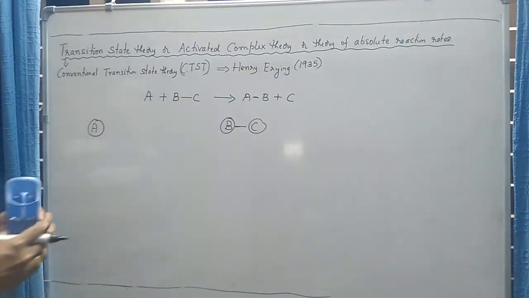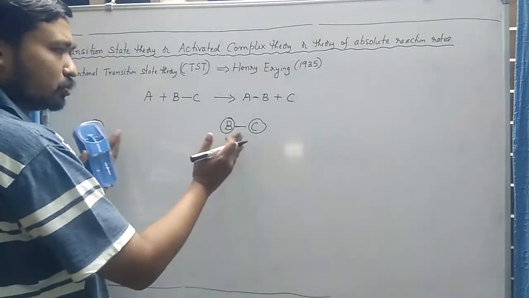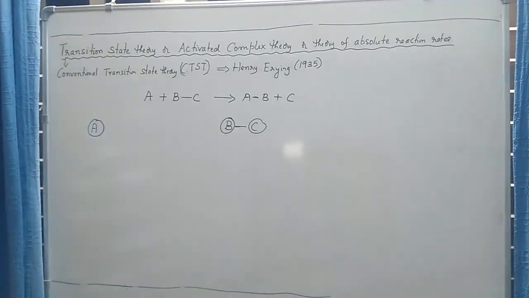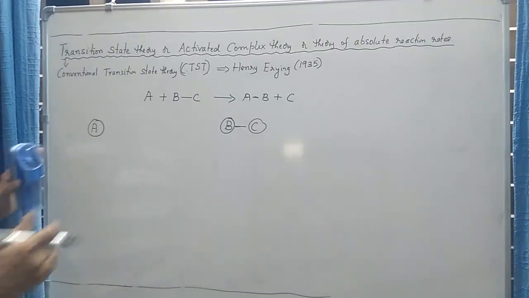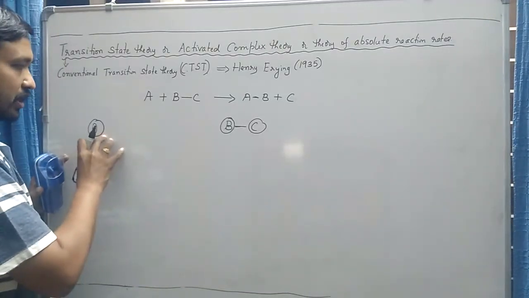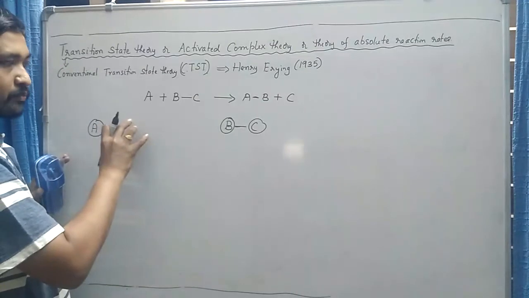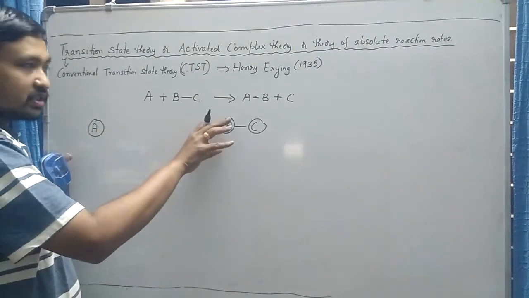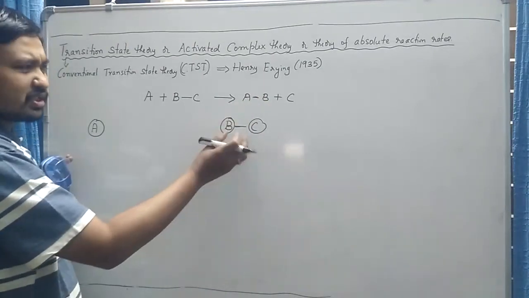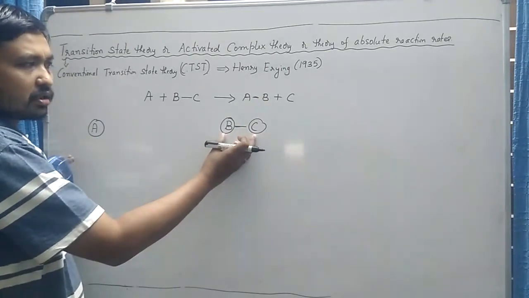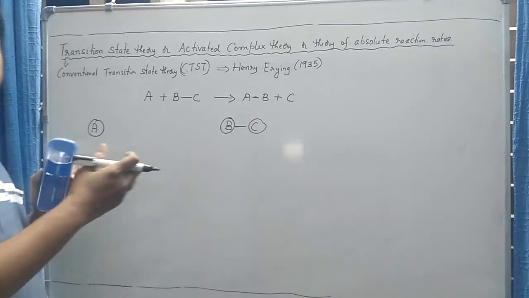They are infinitely separated. But once they come close to each other, they start feeling the presence of each other. So when atom A comes closer, it will push the electron cloud between B and C towards C. It means the length of the bond BC starts getting elongated.